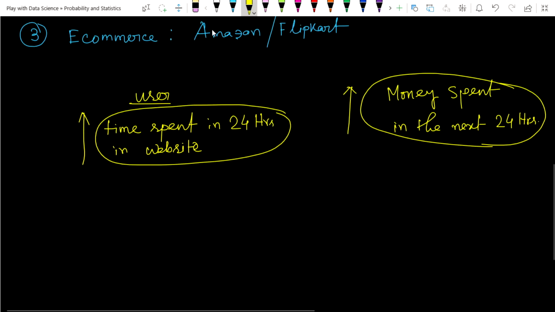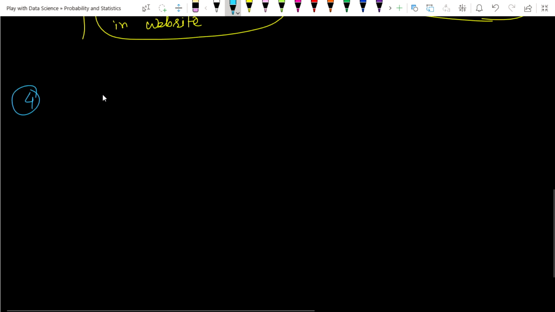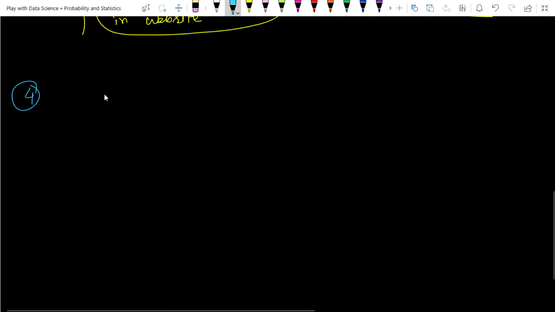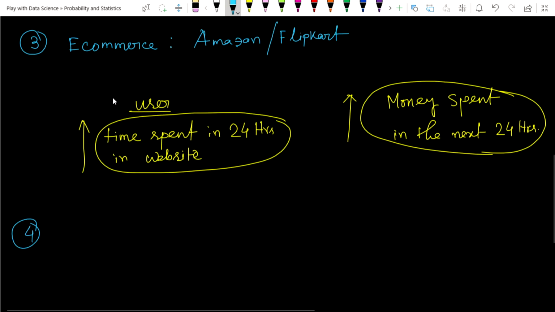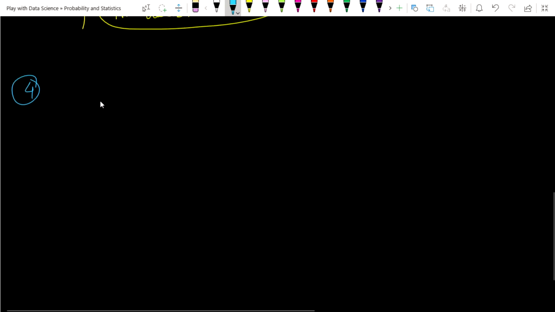Now let's discuss another kind of application of correlations. Suppose in the same e-commerce world, let's take the number of unique visitors in a day.